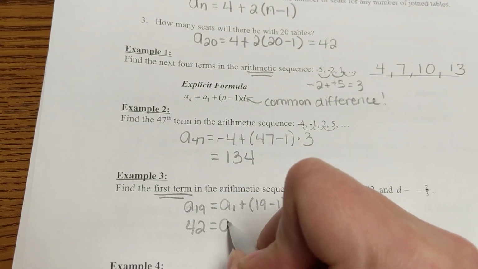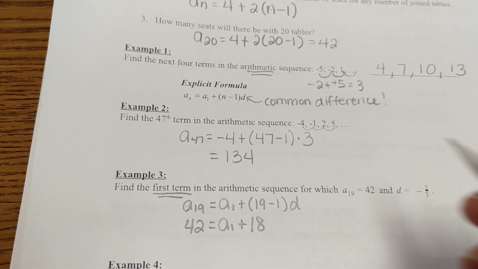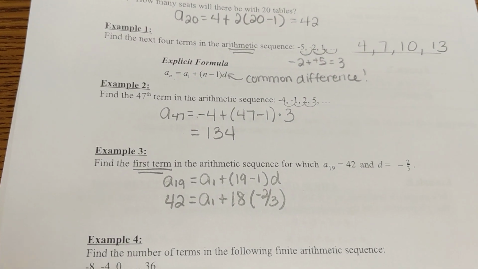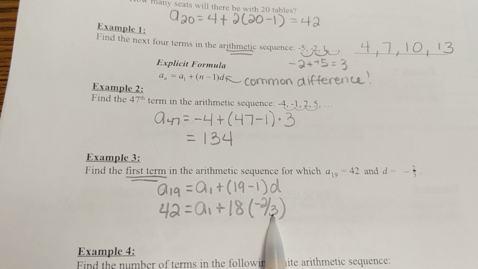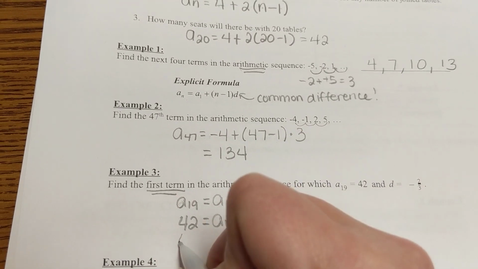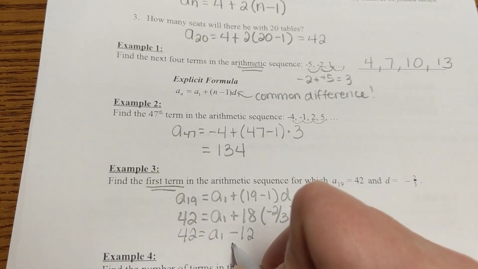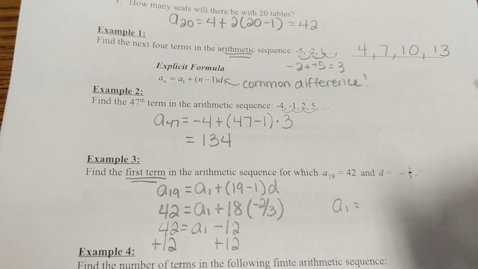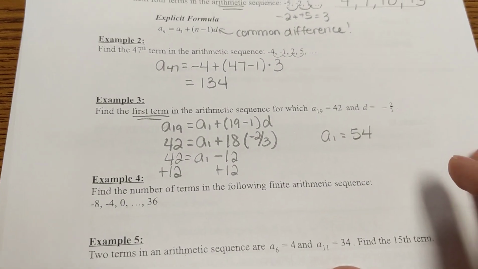I don't know a sub 1, that's what I'm trying to find. 19 minus 1 is 18, and my common difference was -2/3. So 18 times -2/3, we get 18 divided by 3 is 6, times -2 is -12. Add 12 to both sides. And so we get that a sub 1 is 54.